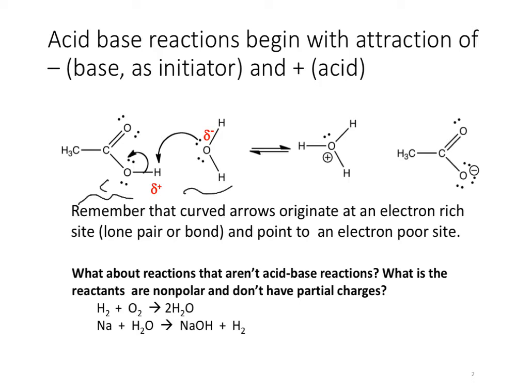So we can put a partial negative on any electronegative atom and a partial positive on the atoms directly attached to the electronegative atoms. And we know that elements with opposite charges attract. So we can see that there's an intermolecular attraction between this oxygen on water and the hydrogen on acetic acid.